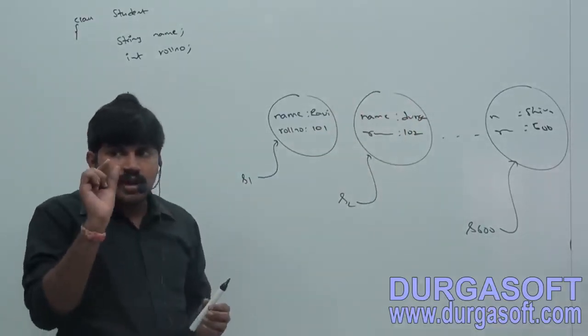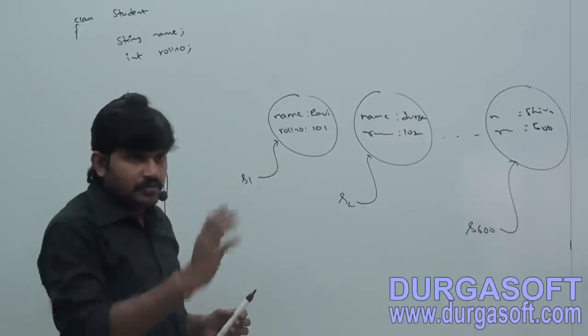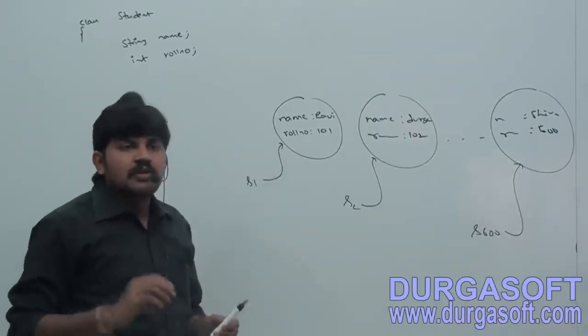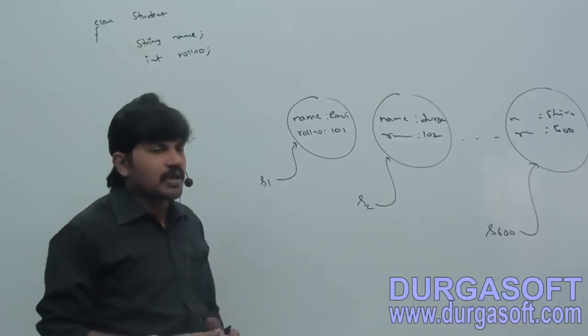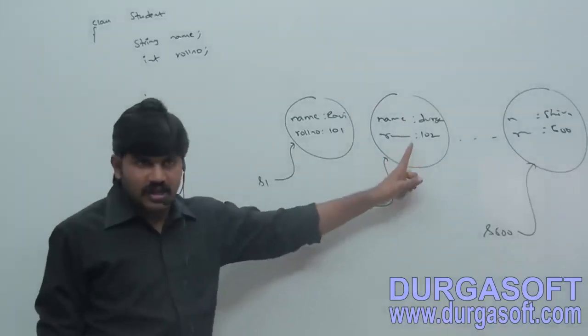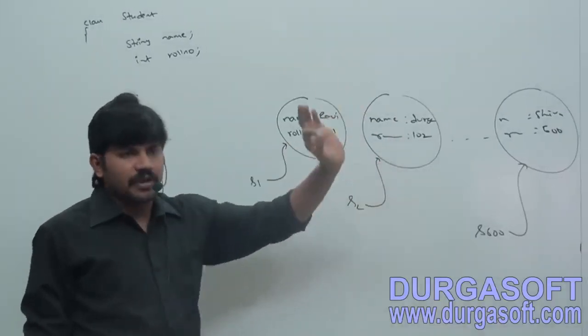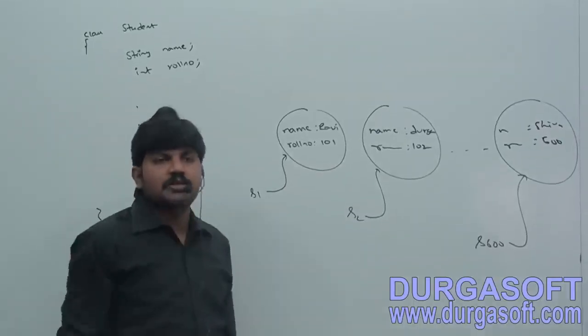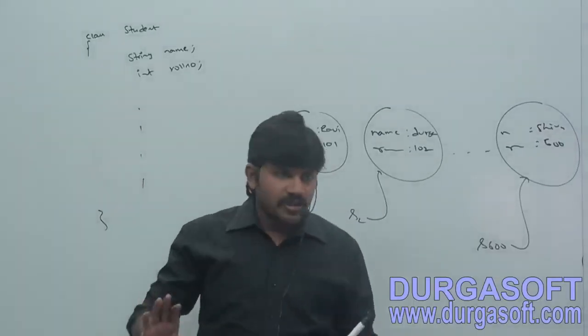The value of name and roll number varies from object to object. Such variables are by default considered instance variables, right? Any explanation required? Sir, what is an instance variable? If the value of a variable varies from object to object, such variables are called instance variables, right?